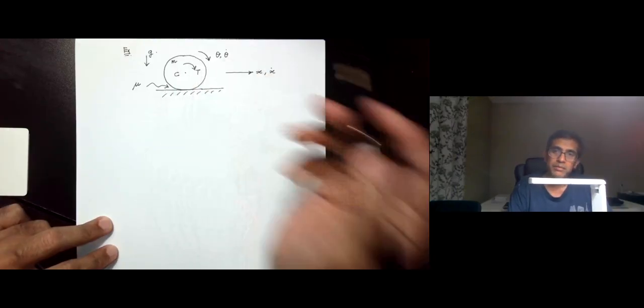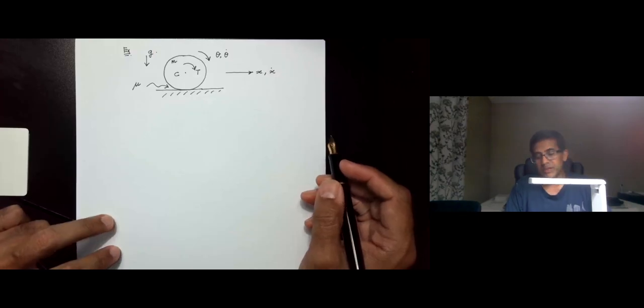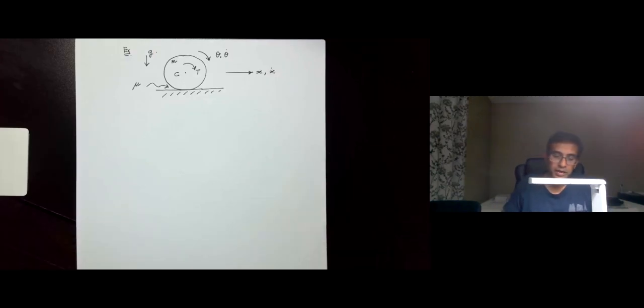Now the analysis of this problem is similar to the analysis of a wheel of a vehicle, let's say of a car. In a car the engine produces the power, and the power is essentially transmitted to the four wheels through the transmission.